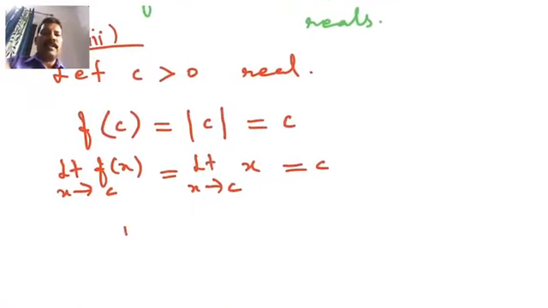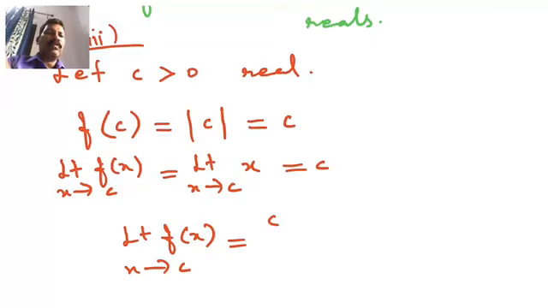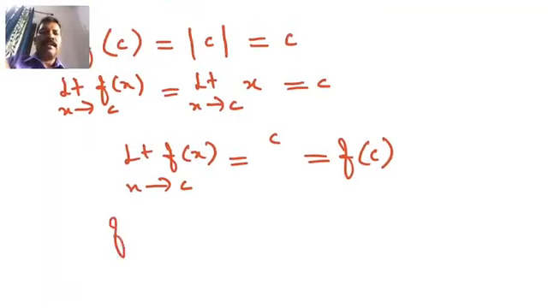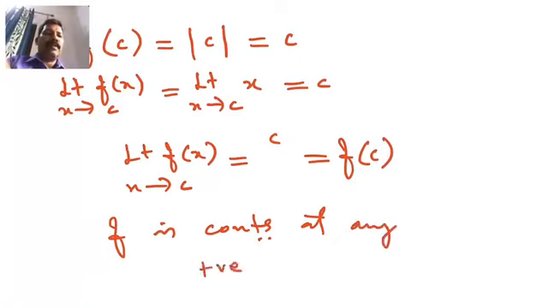Again we could prove that the limit of f(x) as x tends to c is equal to c, which is nothing but the value of the function at c. So we could prove that the value of the function at c equals the limit value. Therefore, function f is continuous at all c that is positive, at any positive real number.